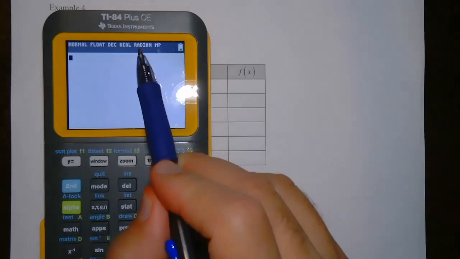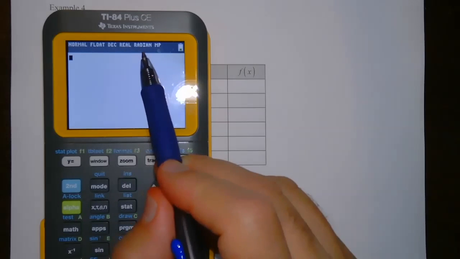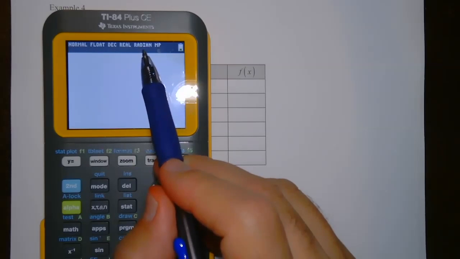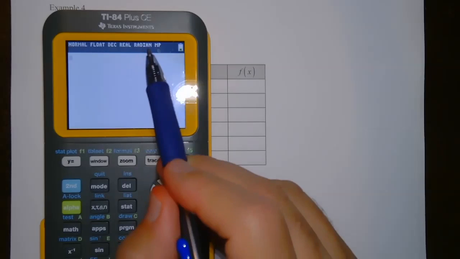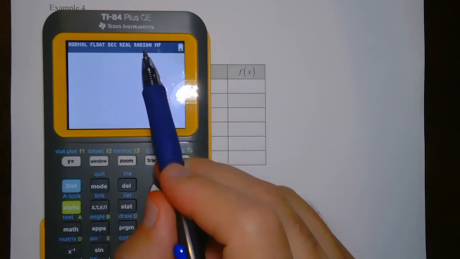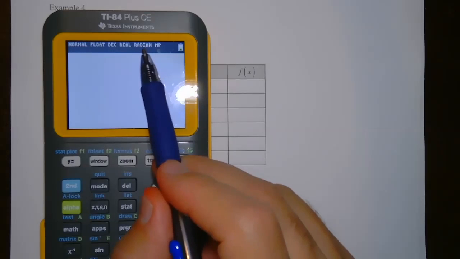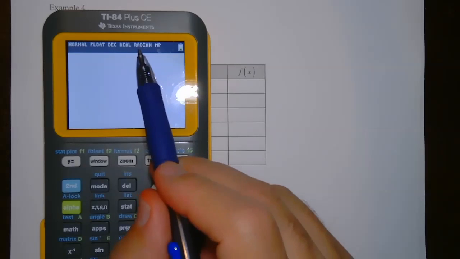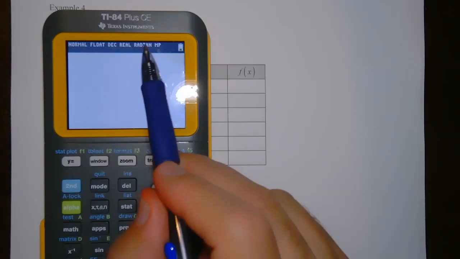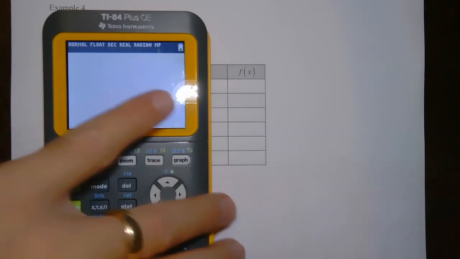All of our rules that we're going to have for calculus are much more complicated, and it makes calculus a lot harder if the angle we're measuring is in degrees. So we want it in radians. There's a rare occasion where we'll use degrees. It's really rare. It's in one type of problem that we'll talk about later on. But 99.99% of the time, we want it to be in radians. So just make sure, all right?